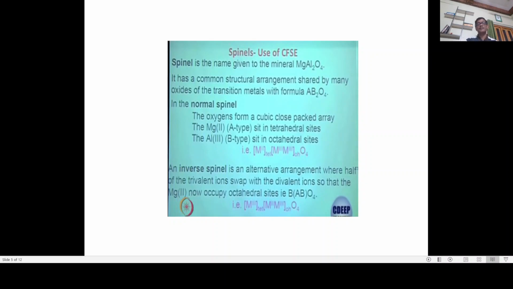That is Mn2 tetrahedral and Mn3 octahedral give you 4. An inverse spinel is where half of the divalent ion swaps, so that magnesium goes to octahedral site, that is BAB, and that is manganese 3 and 2 octahedral.